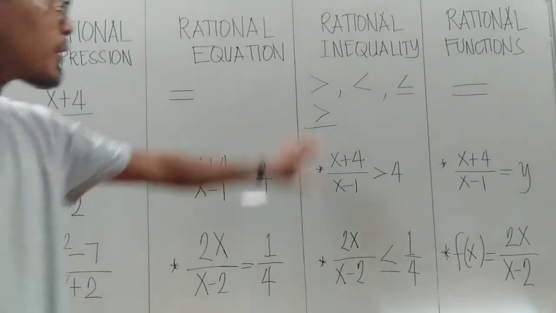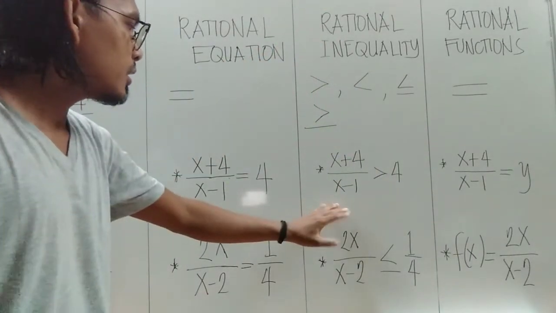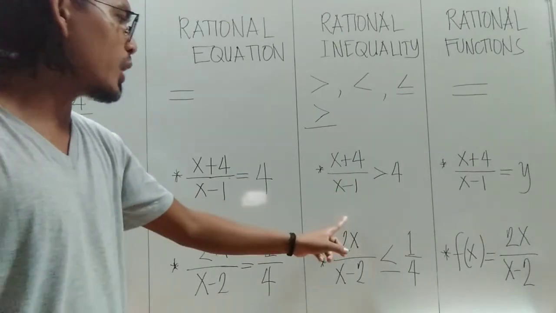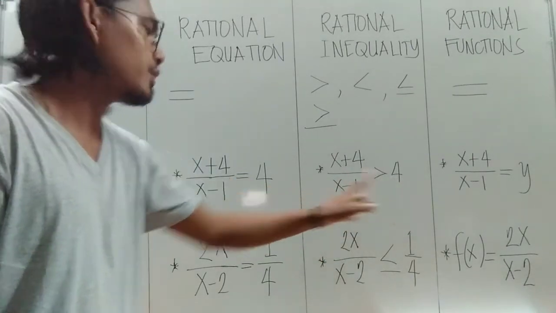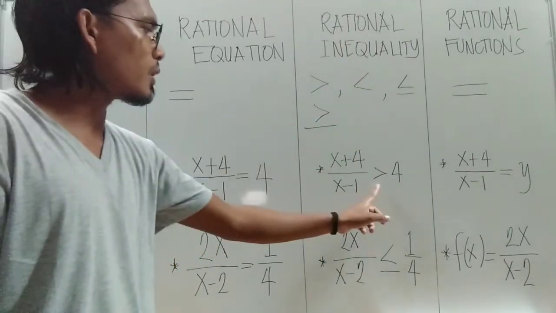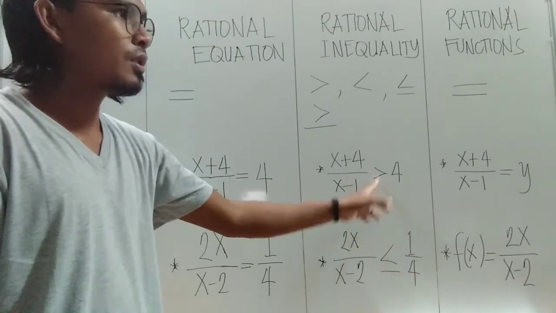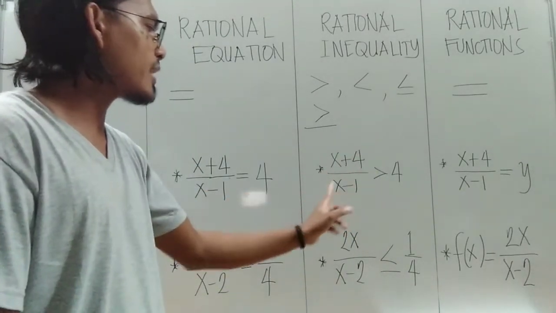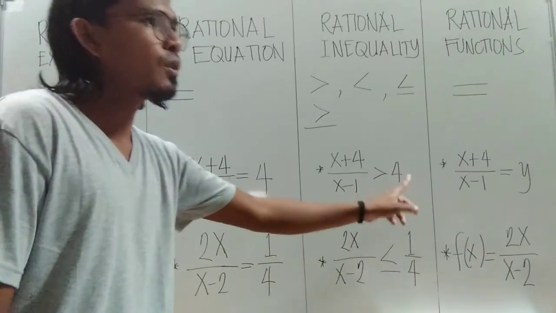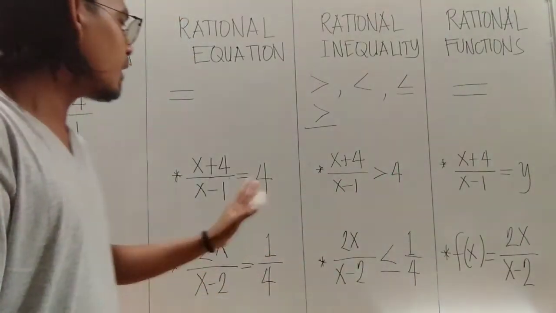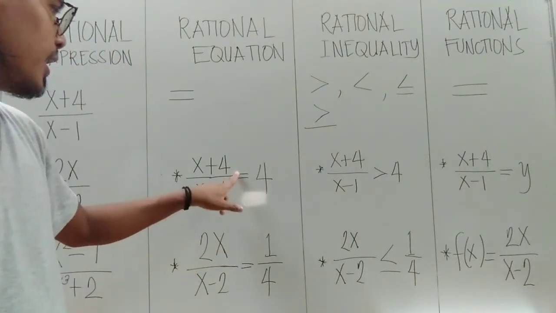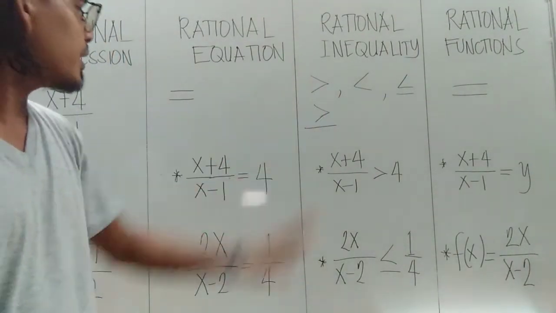Then for our rational inequality, I'm still using x plus 4 over x minus 1 and 4, but the symbol is not equal. This is greater than. So we can read it as x plus 4 over x minus 1 is greater than 4.